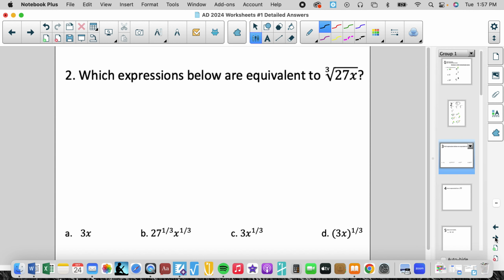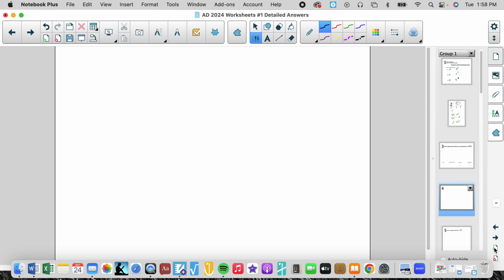Which expressions below are equivalent to the third root of 27x? So something that we need to remember is when we have the square root of 25, we can memorize what it is, but let's see mathematically why the square root of 25 equals 5.